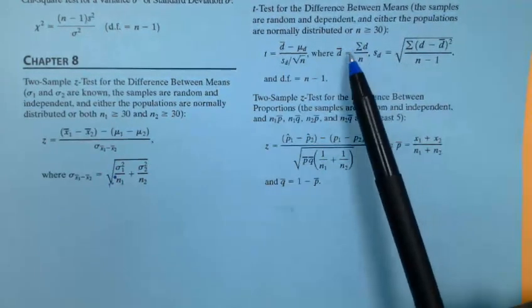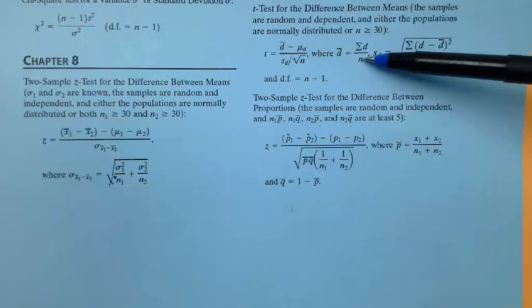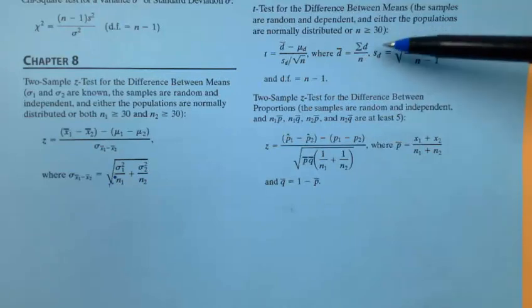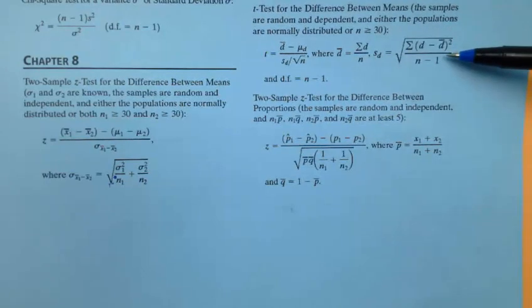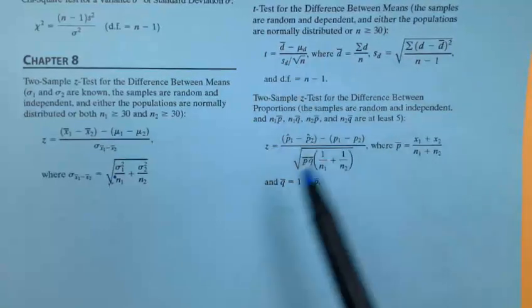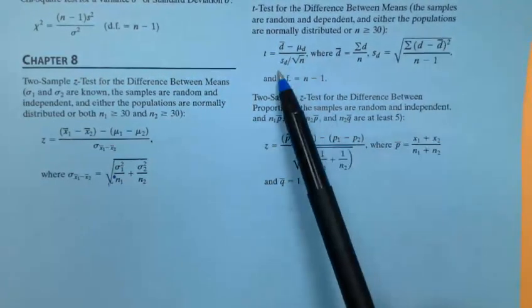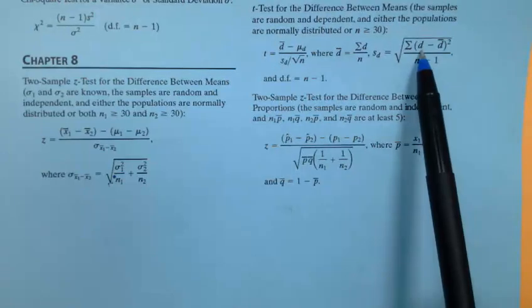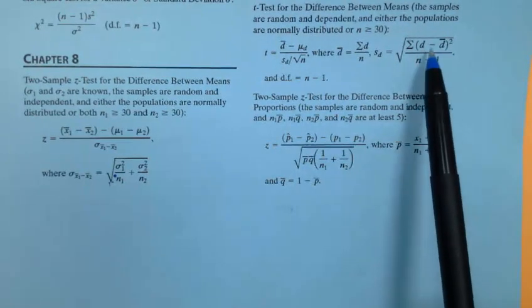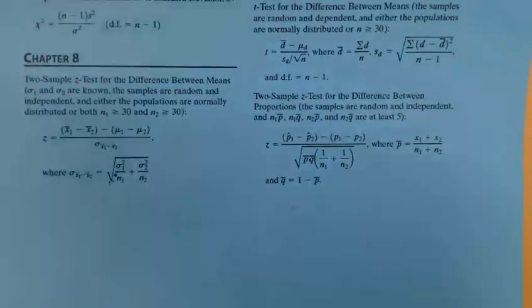So D bar is your average, and this is your standard deviation. This is SD, that's how you calculate SD. D is your difference, and D bar is your difference of means.